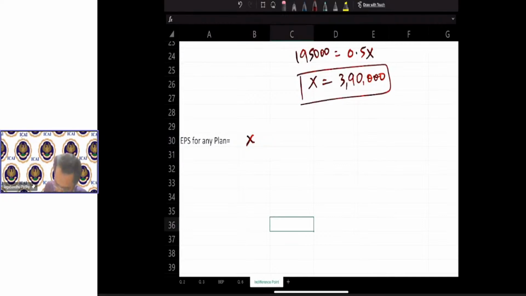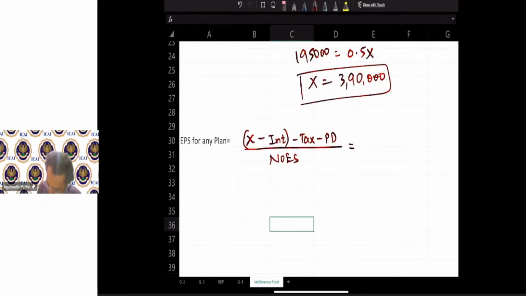From that X, we subtract the amount of interest. So this essentially becomes the profit before tax. From this, we subtract the tax and also the preference dividend, and then we divide this by the number of equity shares, right? How do we get the tax amount?